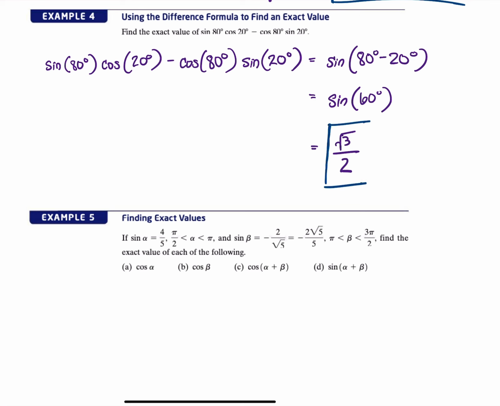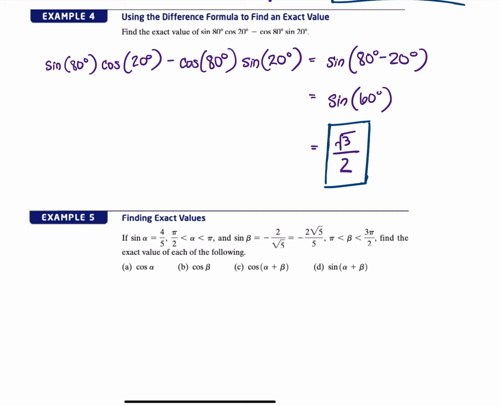Sometimes you'll be presented this situation kind of backwards, where they give you this expanded out formula, and you can condense it into a single expression, and that might be a nice unit circle angle to work with.